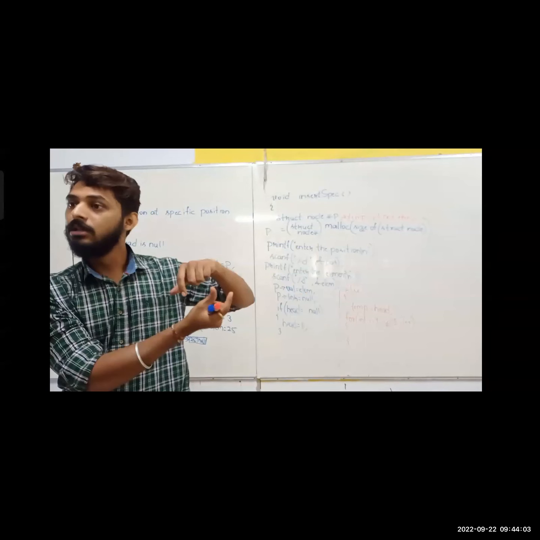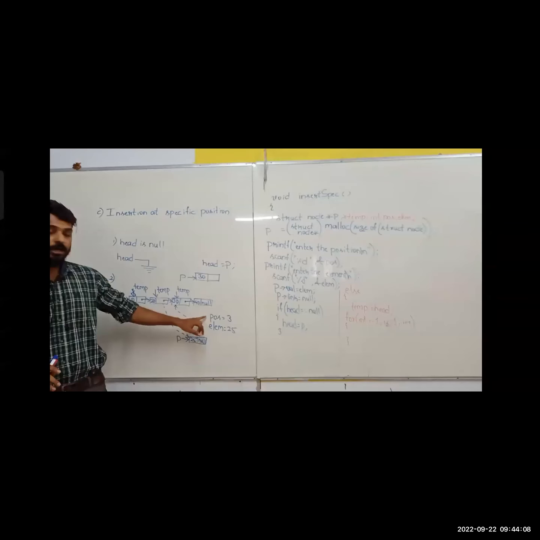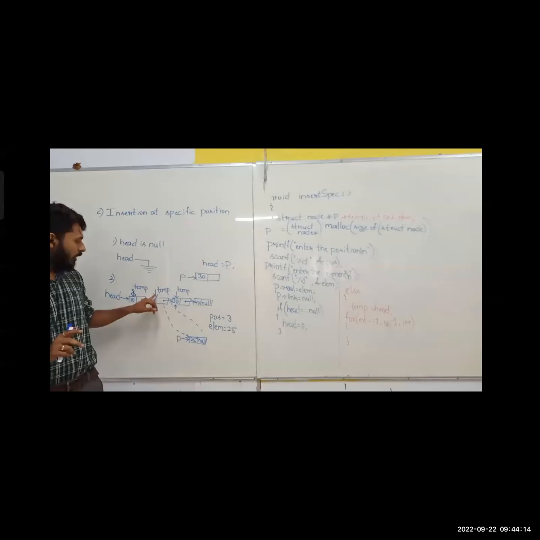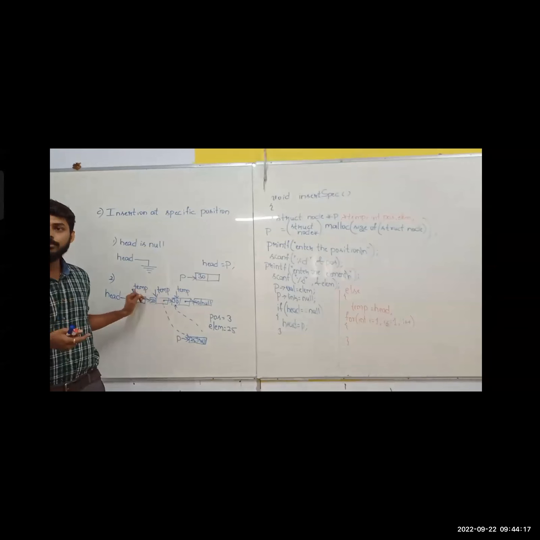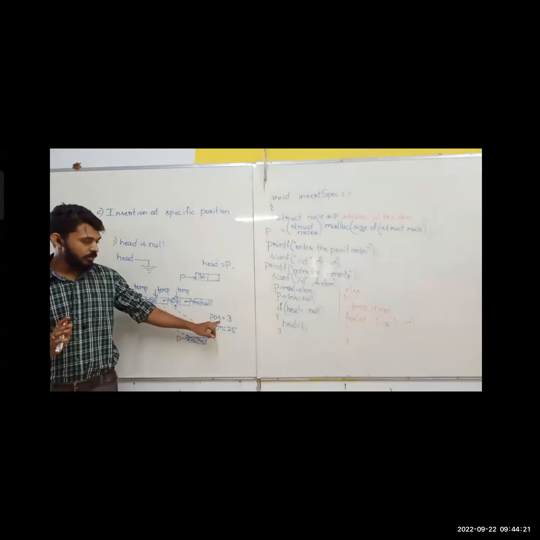Similarly, if I want to add this element in third position, I should stop in second position. If I want my temp to stop in second position, how many times am I moving? Only 1 time. Means if your position is 3, I should move it only once.